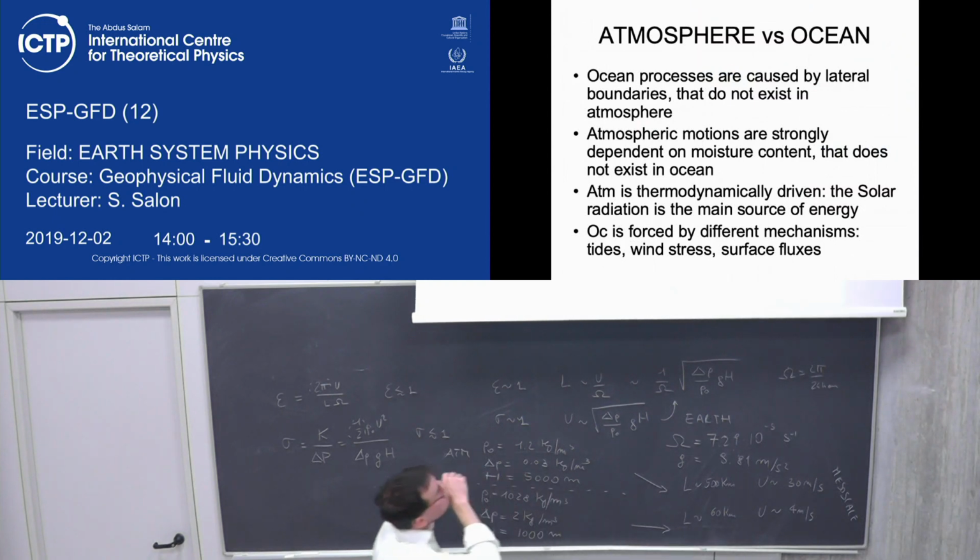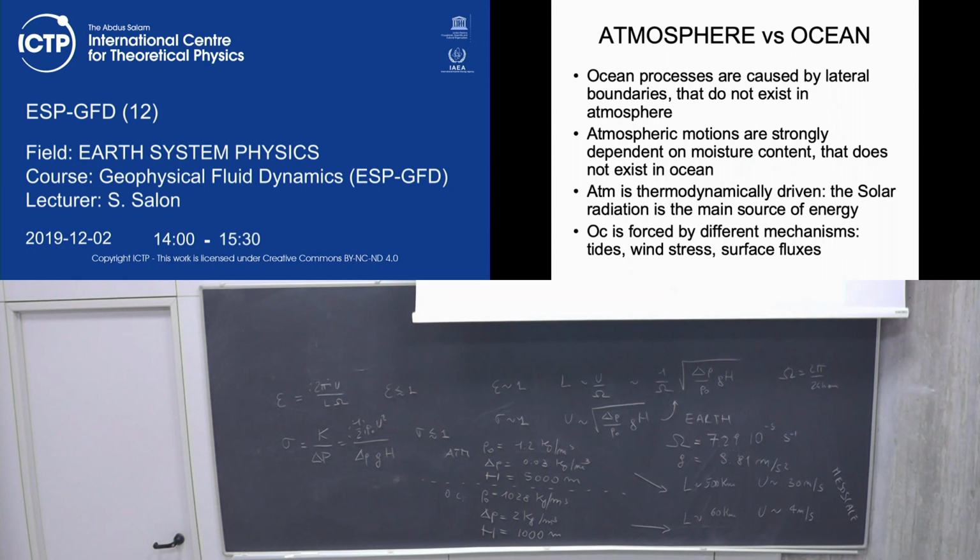So just to summarize, ocean processes are caused by lateral boundaries that do not exist in the atmosphere, because of course we have ocean basins, but the atmosphere can circulate freely over the planet. Atmosphere is strongly dependent on moisture content that does not exist in the ocean, but in the ocean we have salinity.